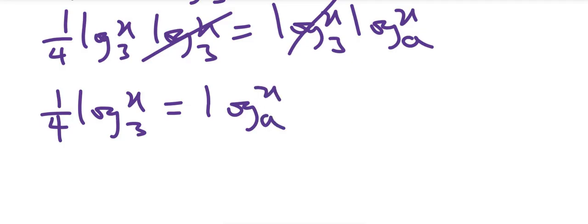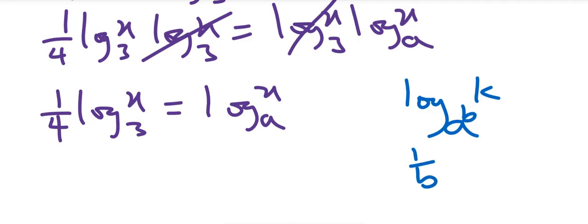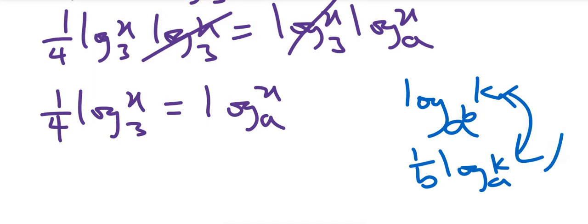How do I manipulate this? Like what I said the other time, one thing about law, if you work from left to right, you can also work from right to left. If you remember, I said log k base a to the power of b is the same thing as 1 over b log k base a. So if this is equal to this, I can say this can be written as this.